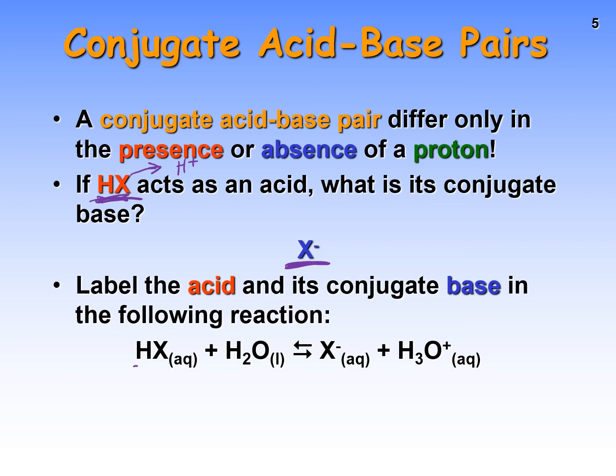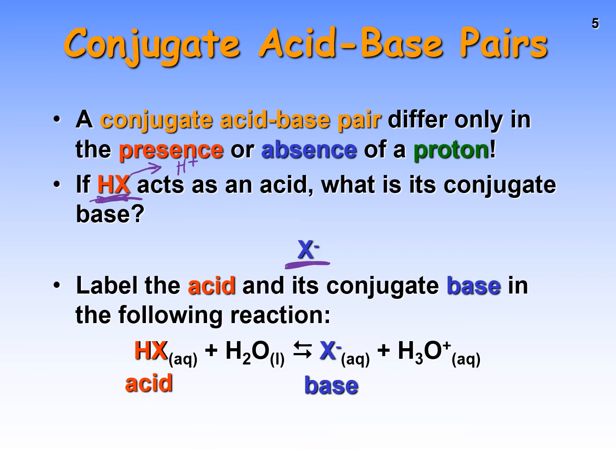If we look at HX, notice it donated its hydrogen to water, forming H3O plus, and it became X minus. What this means is that HX is our acid because it donated its proton, and X minus is its conjugate base. These two make what we call a conjugate pair.